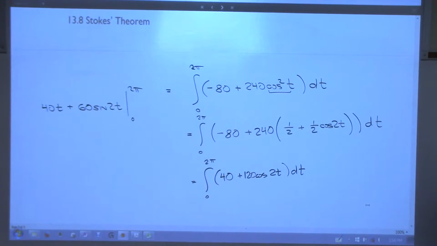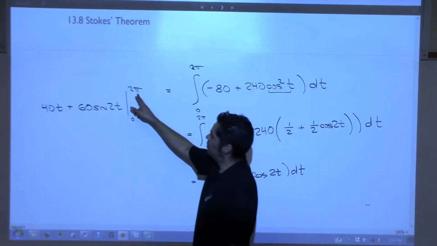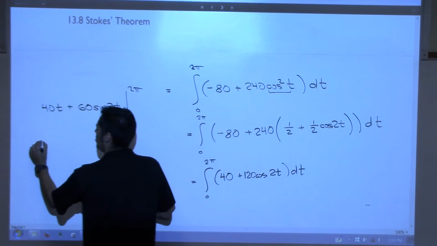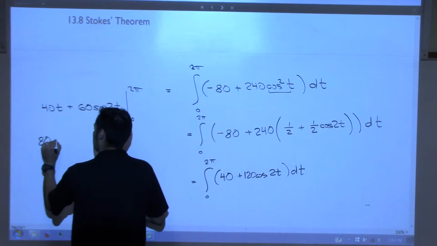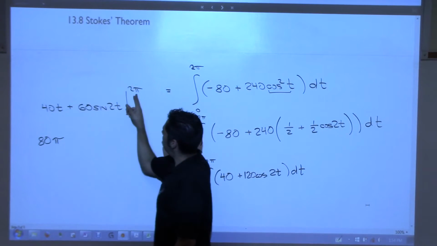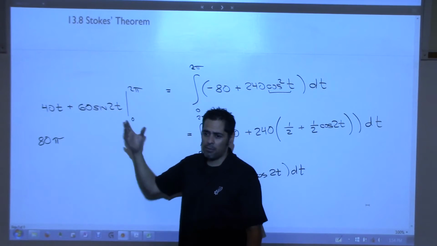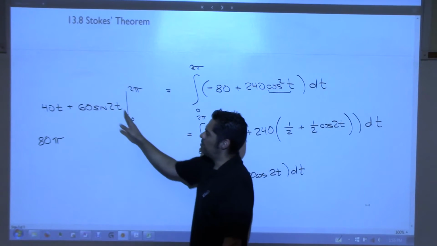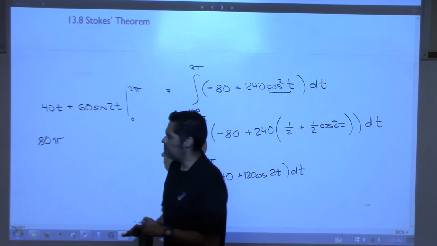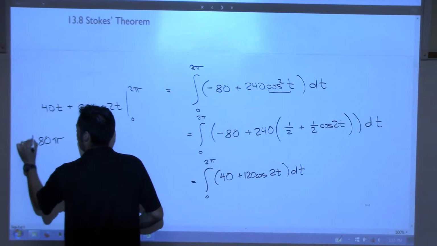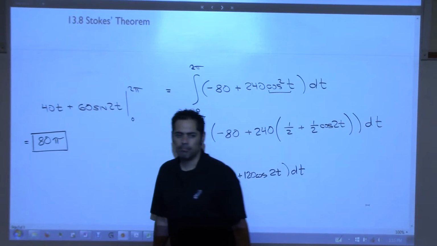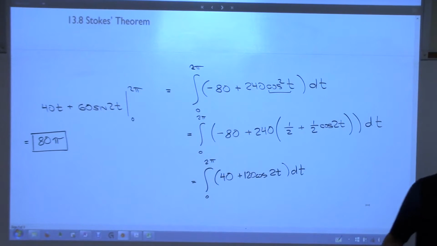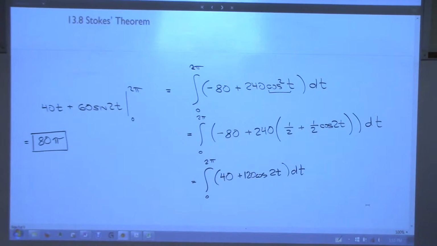When you plug in 2 pi, you get 80t, or not 80t, 80 pi. And then when you plug in 2 pi here, you get 4 pi. Sine of 4 pi is 0, so that goes away. And then you plug in 0, you get zeroed out everywhere, and so your answer is just going to be 80 pi. Okay, so that didn't take us too long, did it? I mean, that was okay? That's kind of like a review of line integrals.